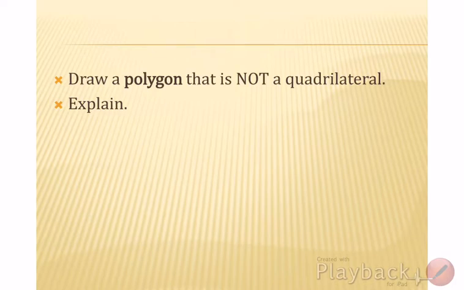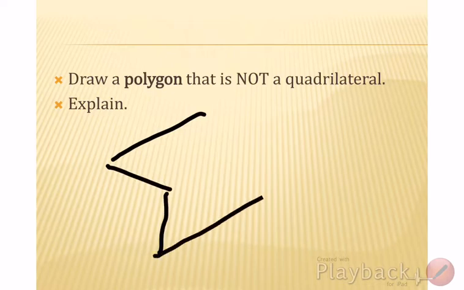So I'm going to experiment, and I think I'll draw something that looks like this. So I have endpoints here and here and here and here, but it does not have 4 sides. It has more than 4 sides. I'll just clean that up here.